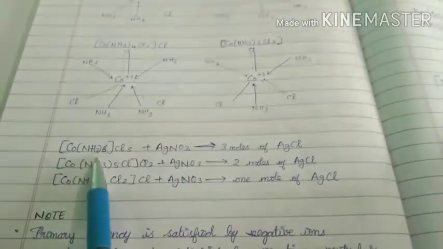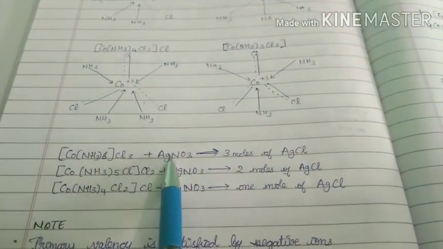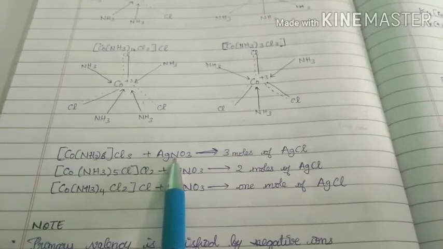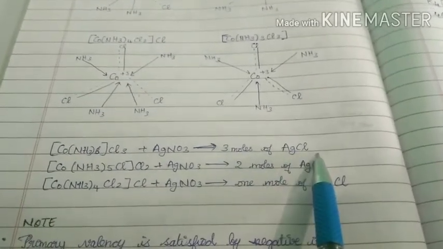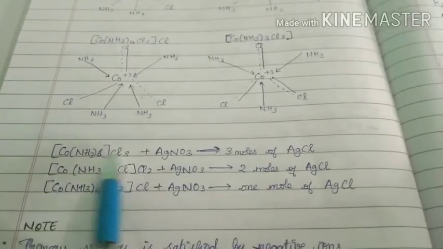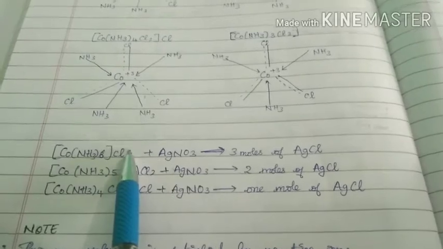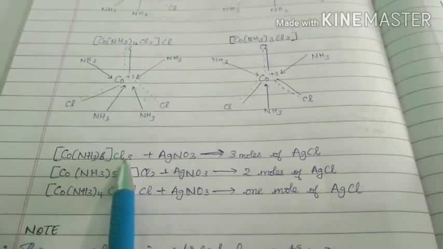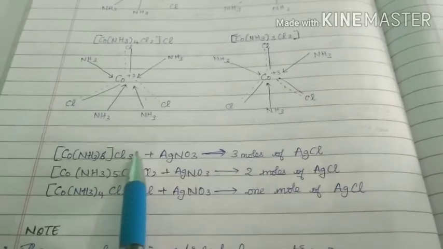Next, there are some more points regarding this. See, when we consider the first compound, that means this one, when this compound reacts with AgNO3, then 3 moles of AgCl will be formed, because here in this complex compound 3 chloride ions act as counter ions. Those ions only are involved in the reaction, so Ag reacts with these 3 Cl.